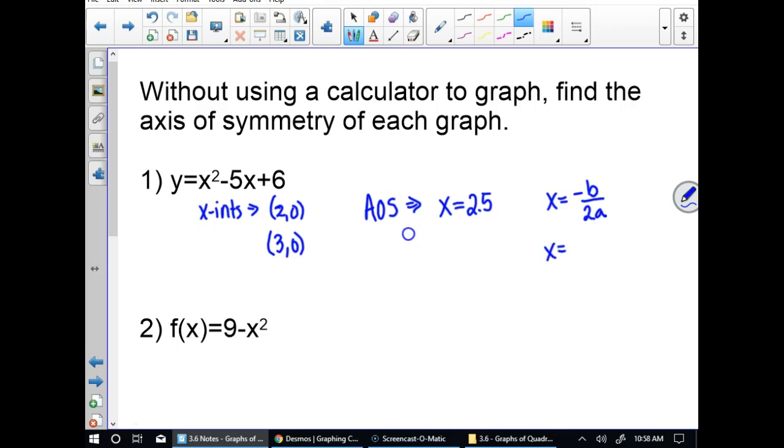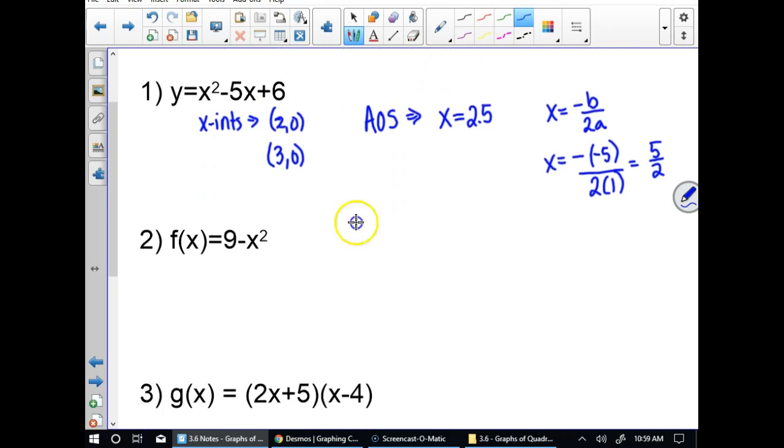In this case, x equals negative b, you've got negative 5, so it ends up being the opposite of b, all over 2 times 1. That gives me 5 halves, which is 2.5 as well. So if I didn't already have the x-intercepts, and the question didn't ask me about the x-intercepts, I may just want to use negative b over 2a for a problem like that. Okay? Questions on 1?